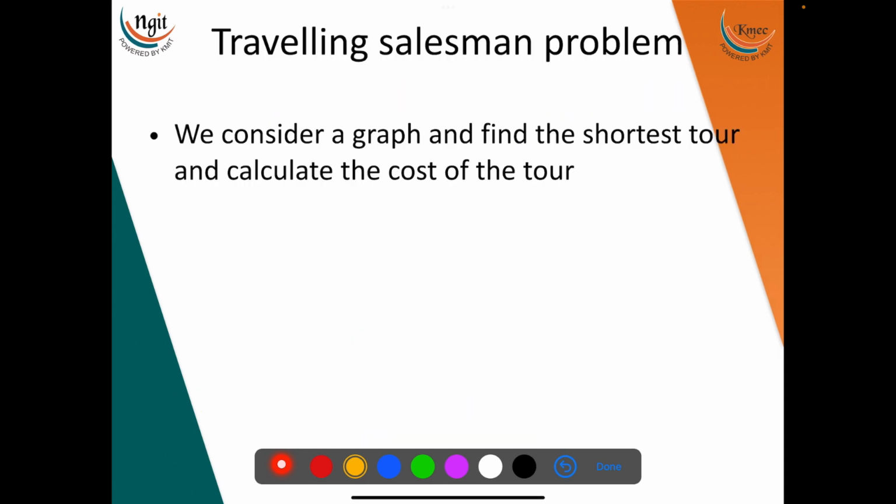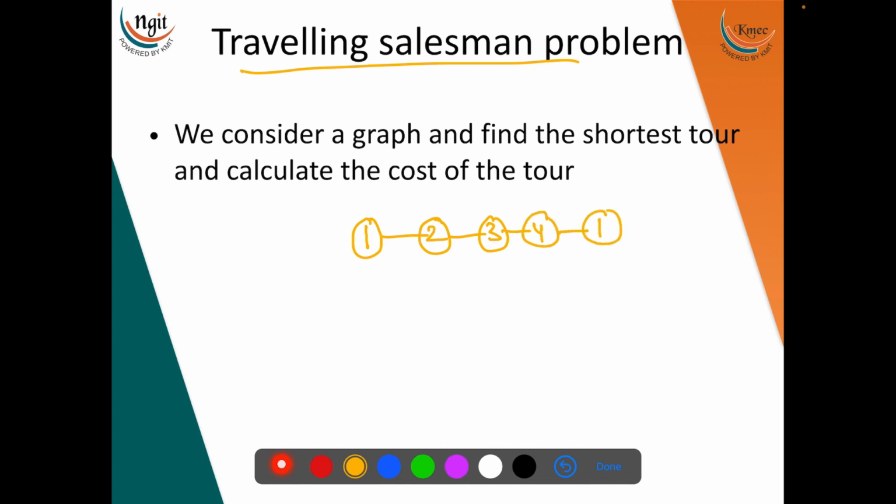Now let's get started. What is the traveling salesman problem? You have to find a path by visiting all the vertices of a graph, and the tour has to finish where you started. Let's take an example graph. The traveling salesman wants to visit all the vertices only once, not at least once.